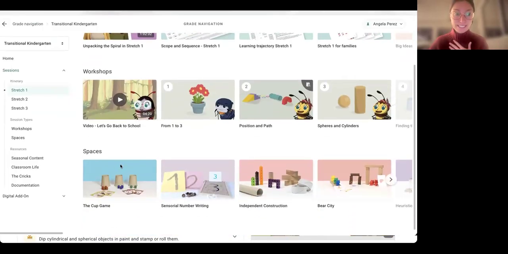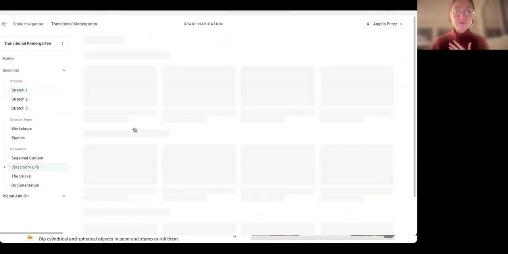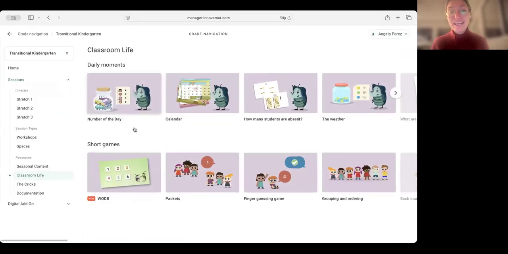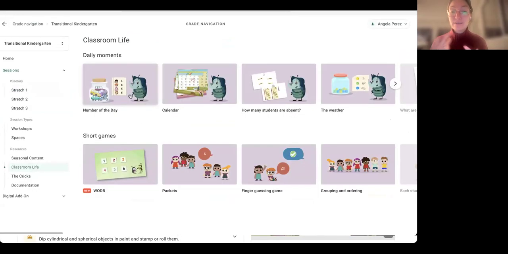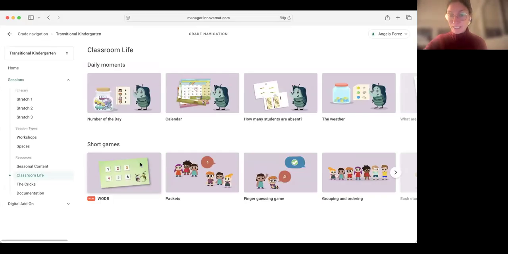So those are going to be the spaces, and the final type of resource that you're going to have in the classroom are different routines, different short games that you can also explore. With the little ones, for example, when there's a new day and you're using the calendar, you can have the number of the day, or the which one doesn't belong, like the one that we did.